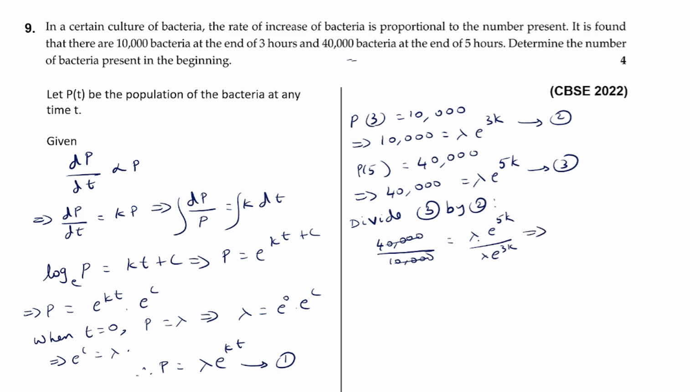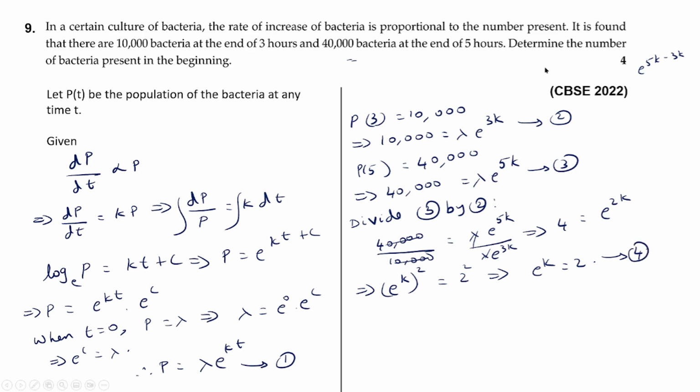So from this we get 4 equal to e raised to 5k minus 3k. So it is e raised to 2k. This e raised to 2k we can write as e raised to k the whole square, equal to 2 square. So from this we get e raised to k equal to 2. Let us take this as 4.